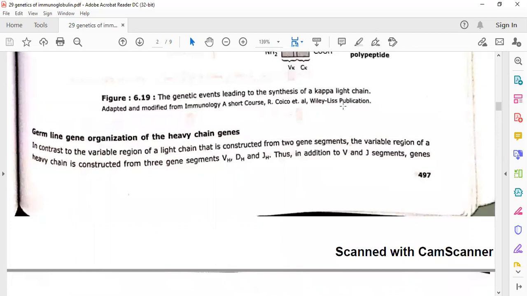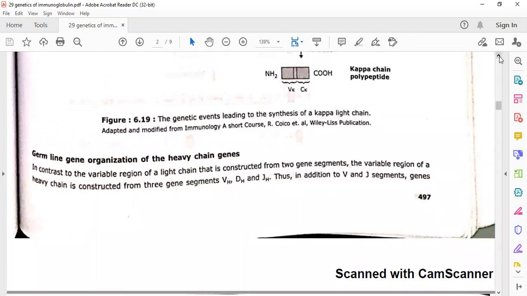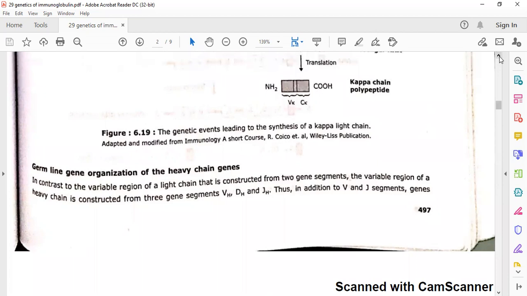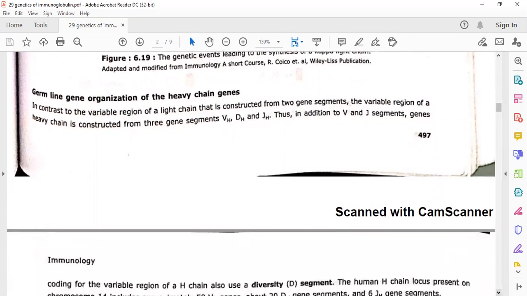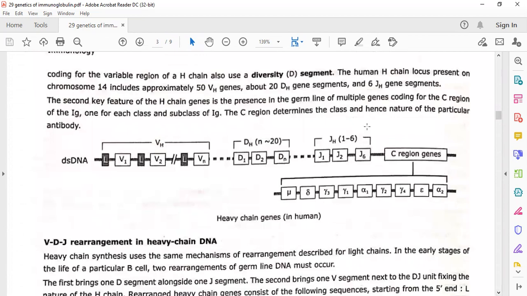But in the heavy chain, there are 3 regions: V region, D region, and J region. The V region is for variability, the D region is for diversity, and the J region is for joining. The D region provides diversity of the immunoglobulins.